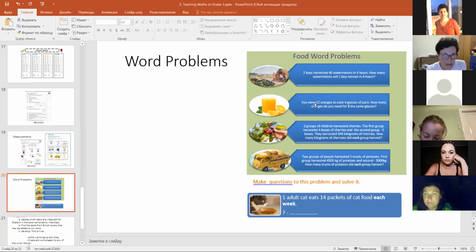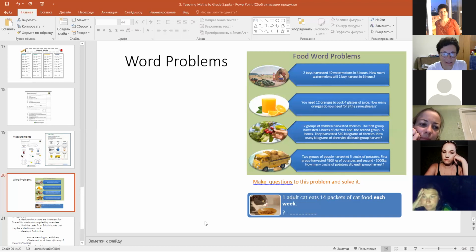And this is the division. How many oranges do you need for 8 of the same glasses? And it's a multiplication. They are simple word problems, but they all will contain division and multiplication, or multiplication and division.